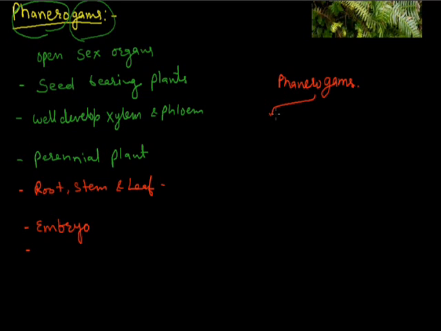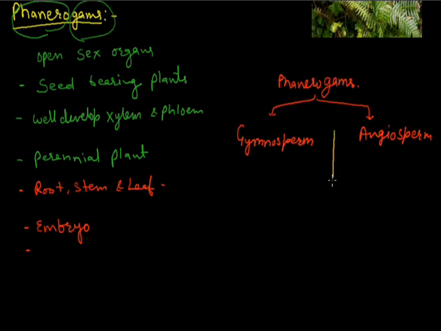First we call them gymnosperm and second is called angiosperm. What is the basic difference and what is the comparison between gymnosperm and angiosperm here? So, some basic differences between these two plants.